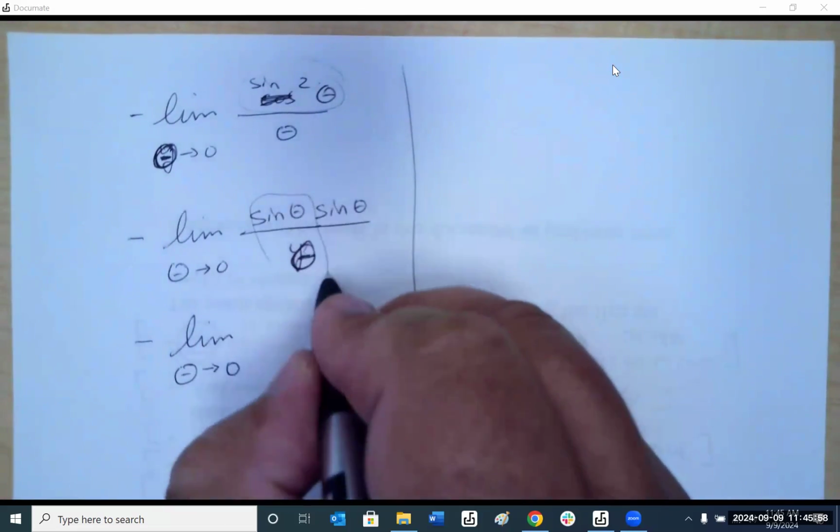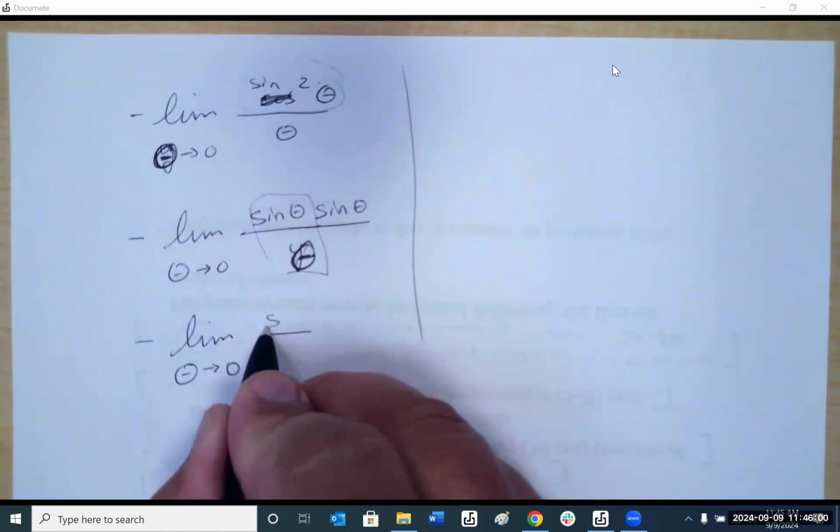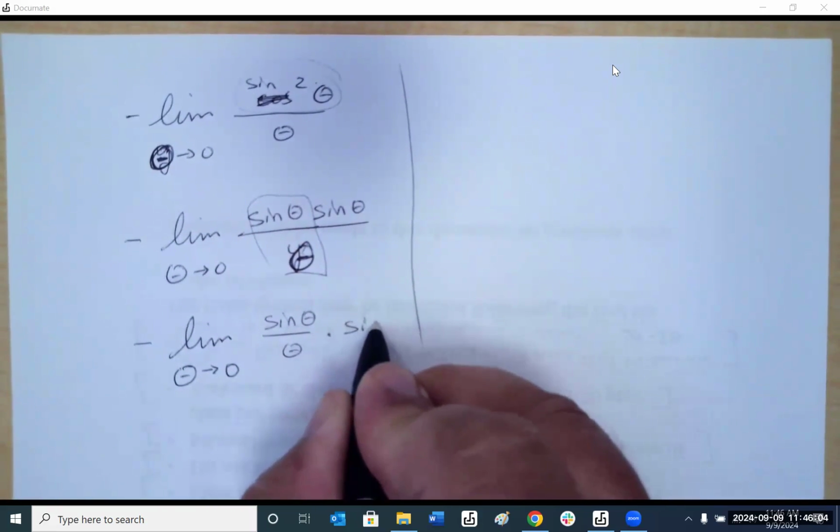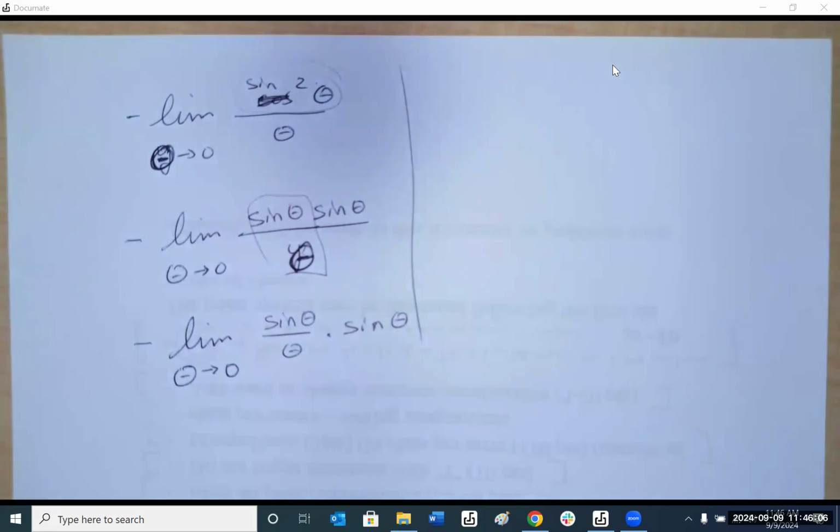So we pair up these two, so we have sine theta over theta times sine theta.